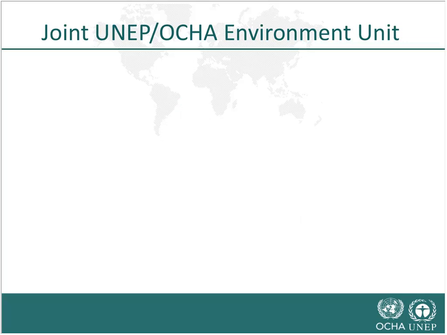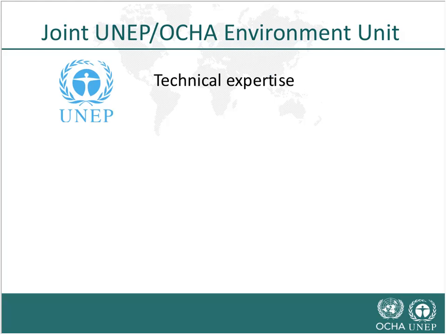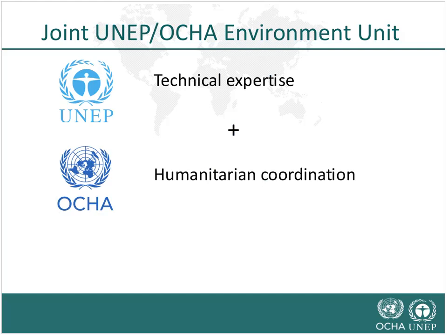A little bit about the Joint UNEP OCHA Environment Unit. We combine the technical expertise of the UN Environment Programme with the humanitarian coordination response mechanisms that are run by OCHA. OCHA is the United Nations Office for the Coordination of Humanitarian Affairs, and within the UN system it's part of what we call the UN Secretariat.